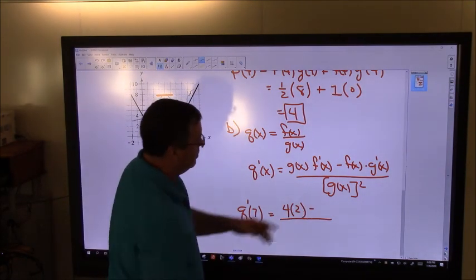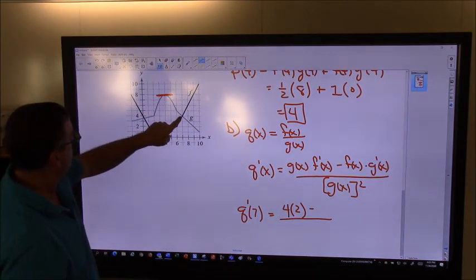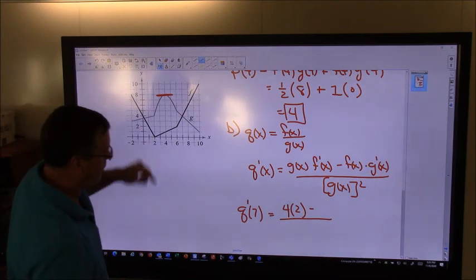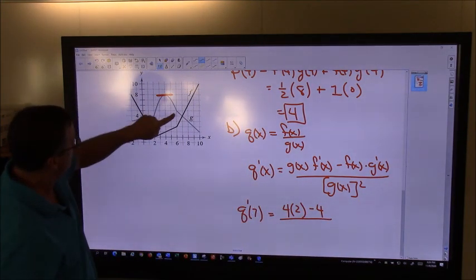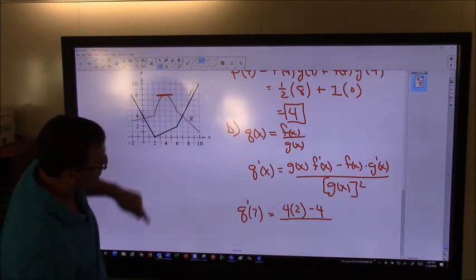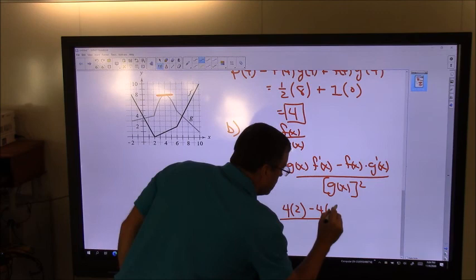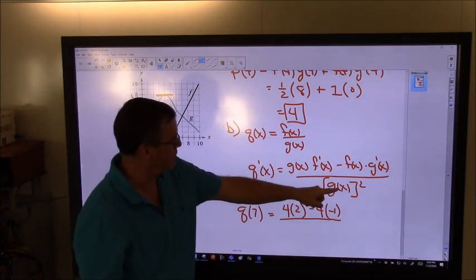Minus, what's f of 7? Plug in a 7, you get 4. Same thing for both f and g. So 4. What's g prime? Okay, that's a negative slope. We're going down 1 and over 1, so that would be a negative 1. All over g of 7 squared.